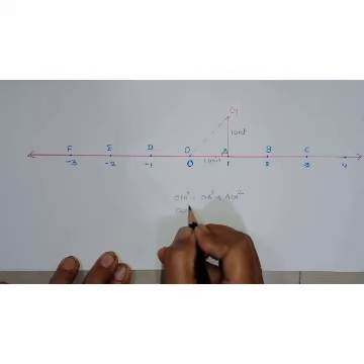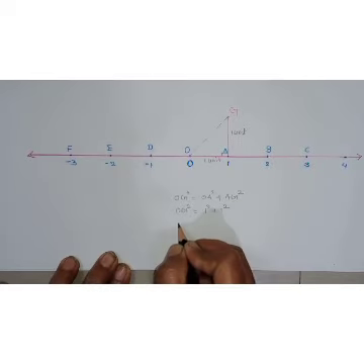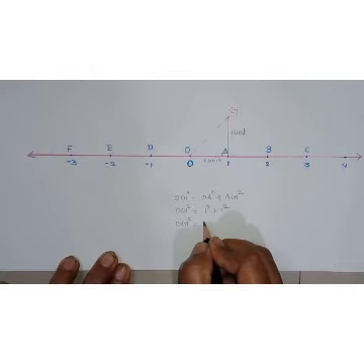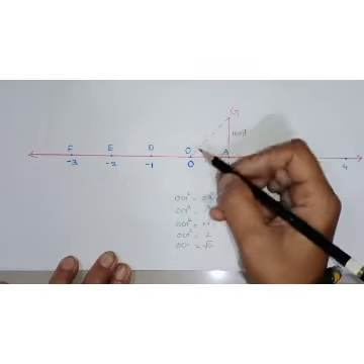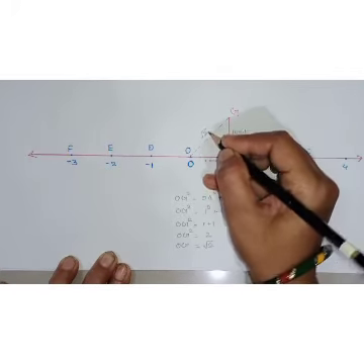OG square is equal to 1 square plus 1 square. So OG square is equal to 1 plus 1. Therefore OG square is equal to 2 and OG is equal to root 2. Therefore this distance is of length root 2.